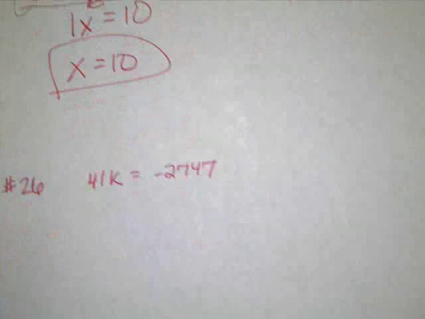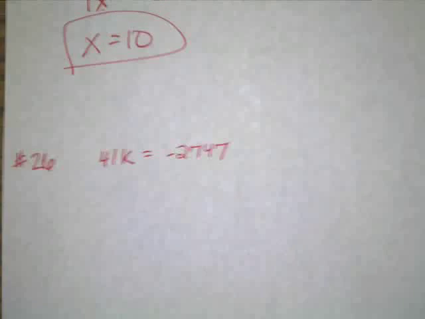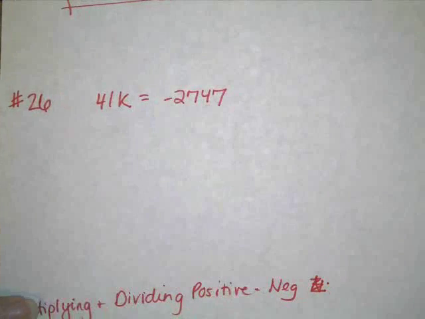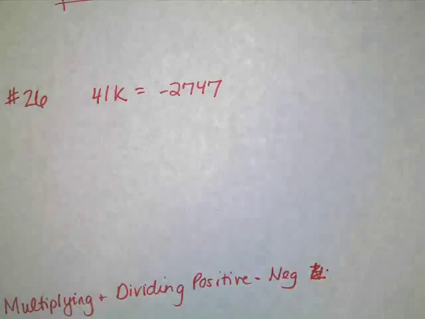Okay, go to the next page and look at number 26. Dustin, what side of the equation do we want to look at? The left side, the 41K, right? Kelly, are we adding, subtracting, multiplying, or dividing?